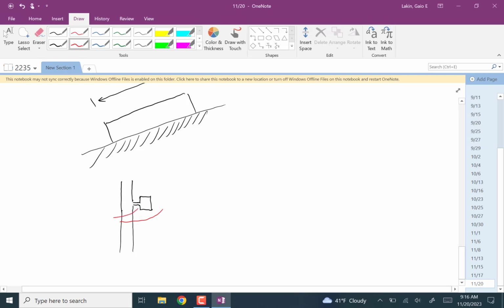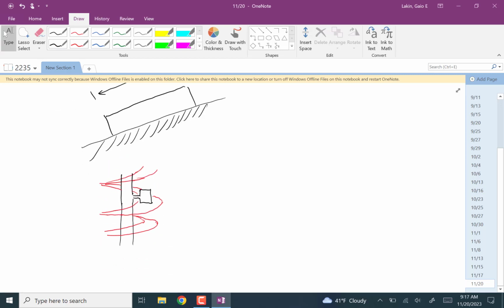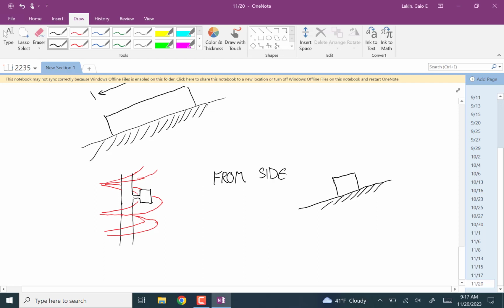The external thread of the nut or whatever is just an angled path like that. Okay, and so then from the side, all this is the sliding of a block up a ramp.